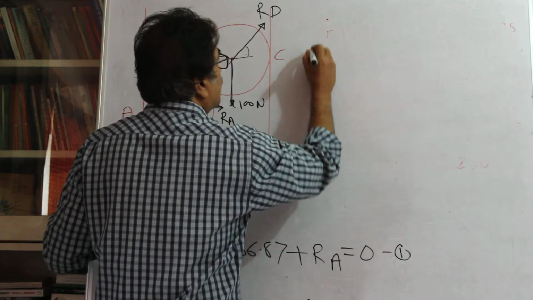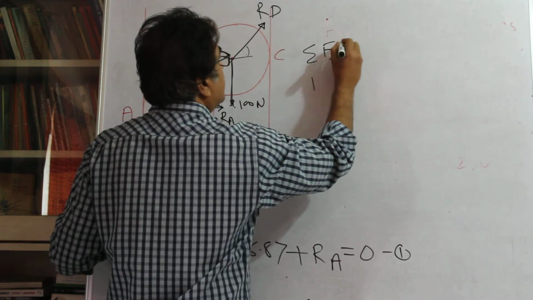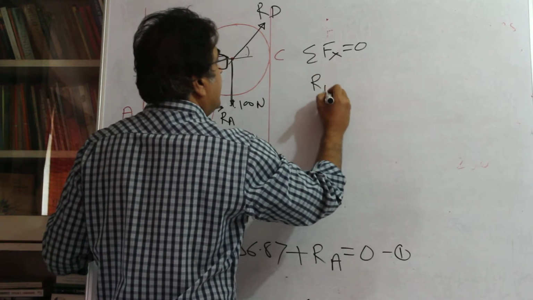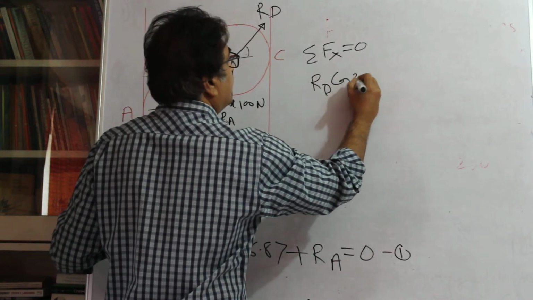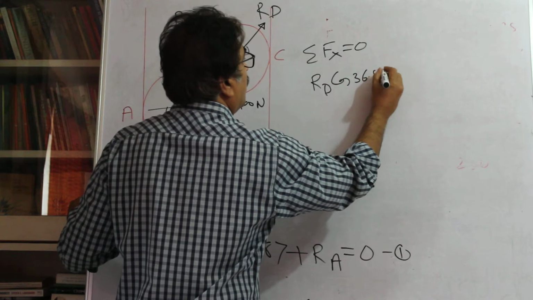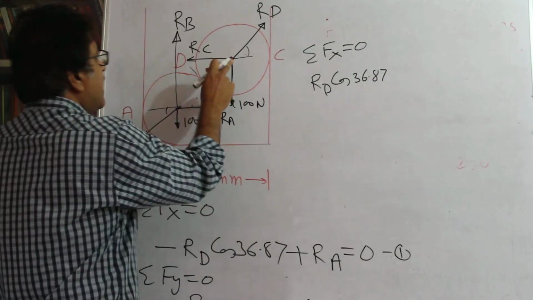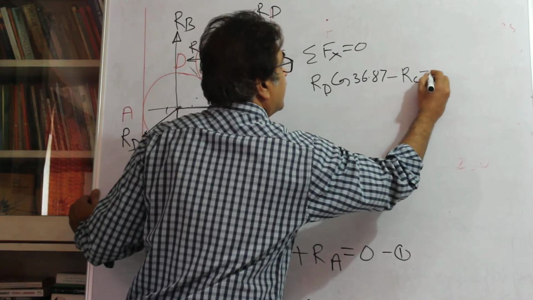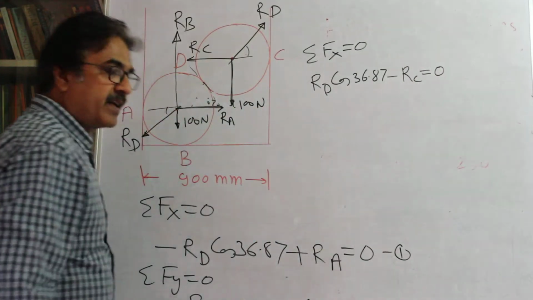So sigma Fx is equal to 0 for the upper sphere: RD cos 36.87, RC is towards the left, so minus RC is equal to 0.